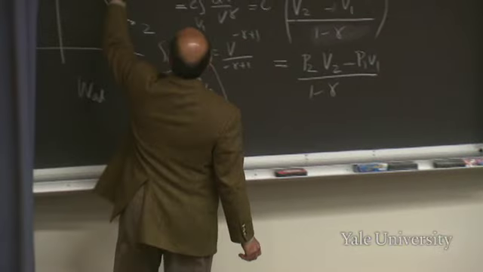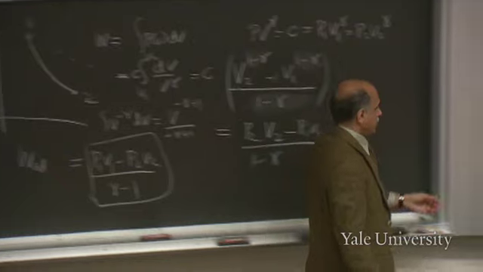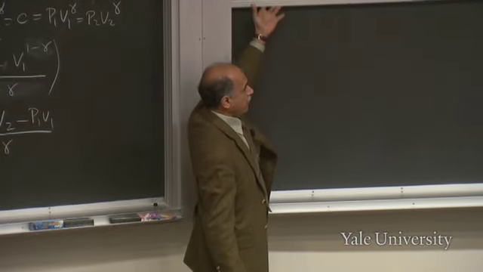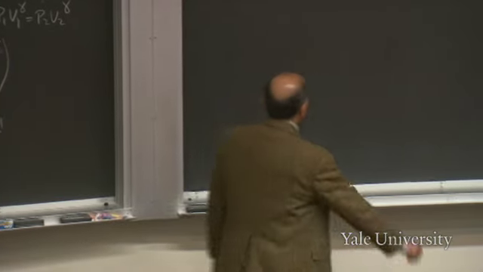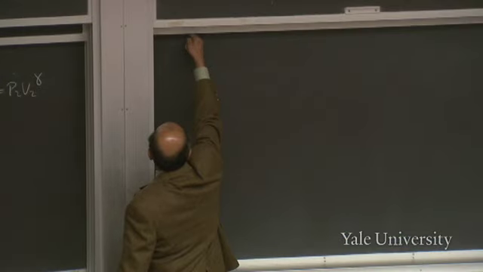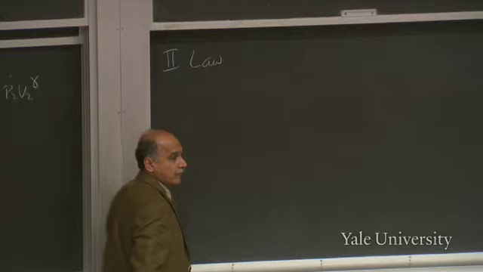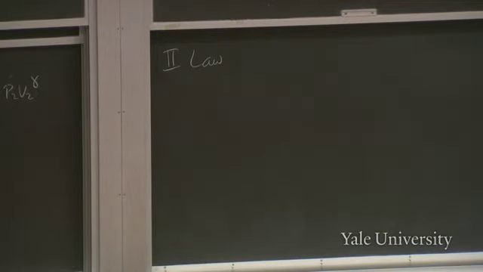Okay, so all this was actually a preparation for something else, and that's what we are going to discuss now. Between now and the end of this course, we're going to discuss the second law of thermodynamics. So we have done all we want to do with the first law.